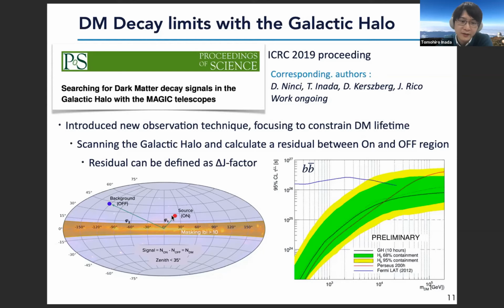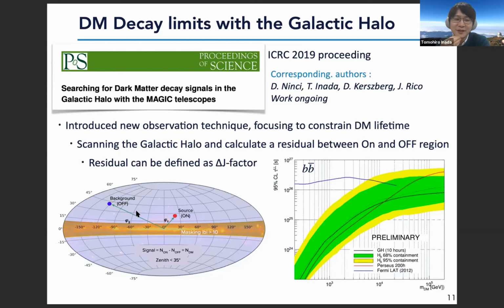We define the region close to the galactic center as on, and the far point is defined as off, and we subtract them from each other and extract the residual from on.